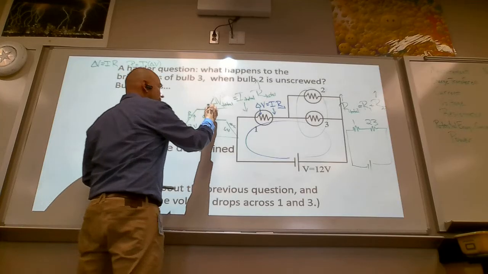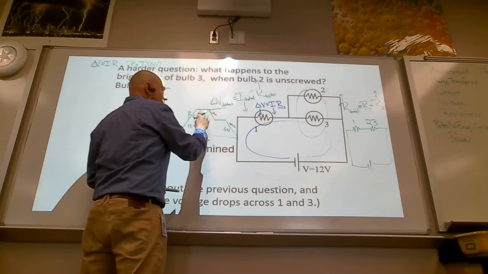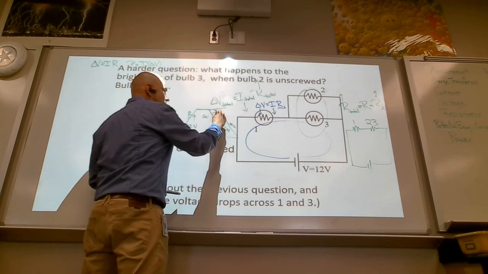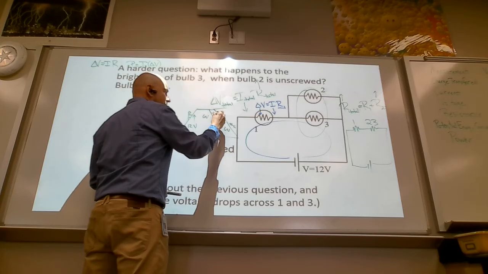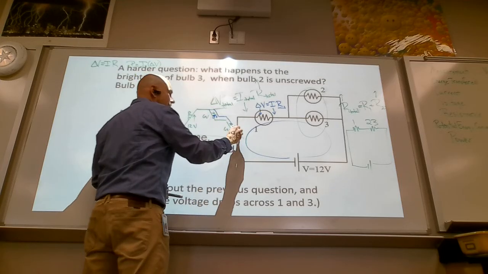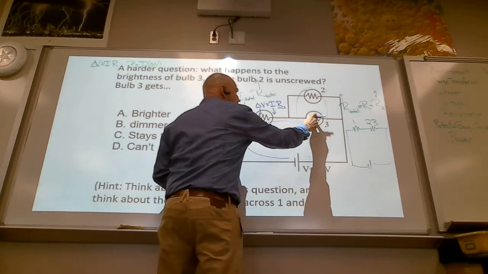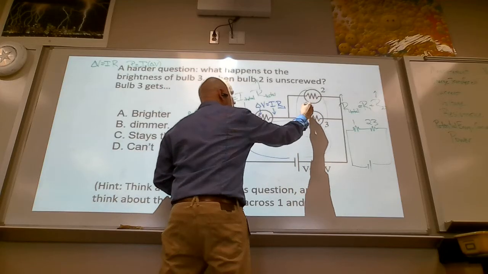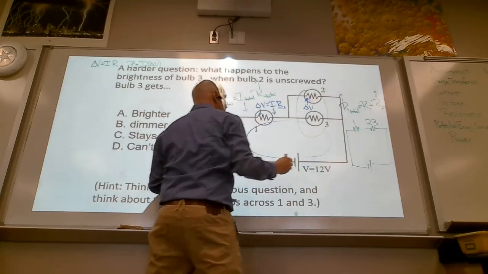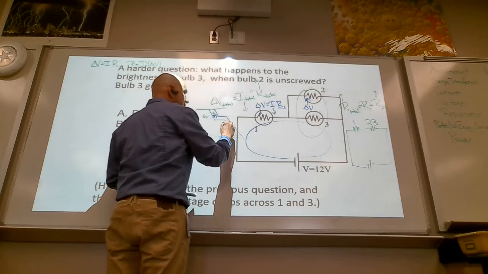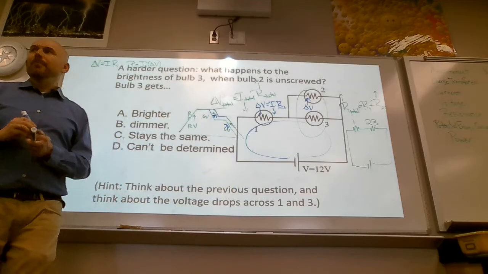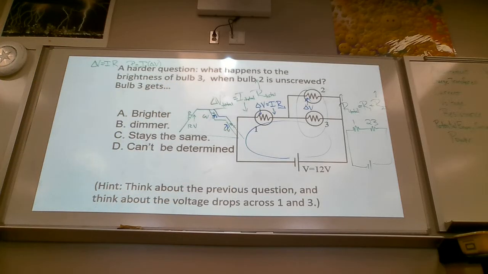So it went now from 6, it reduced to like 5 volts, totally making that up, but reduced. Therefore, this has to make up the difference. So this voltage has to increase to like 7 volts, making that brighter. Full on.